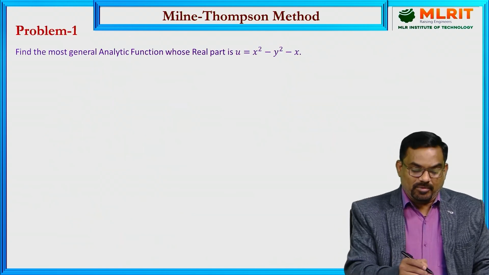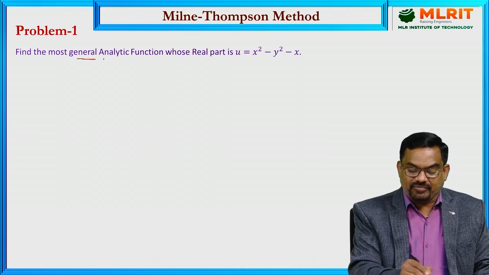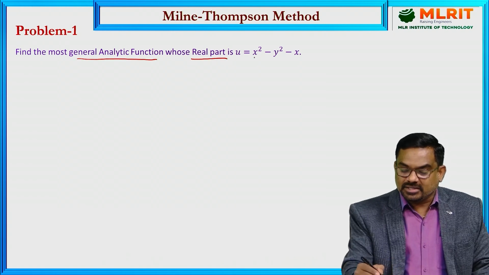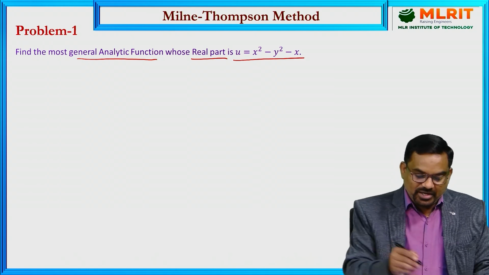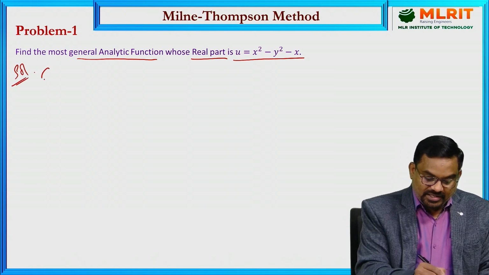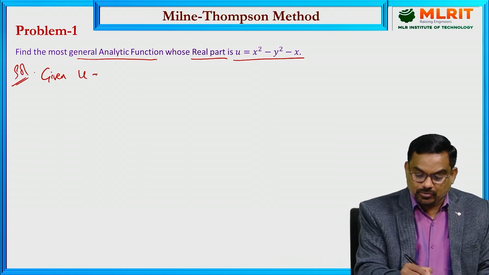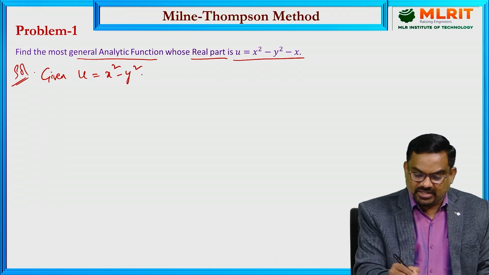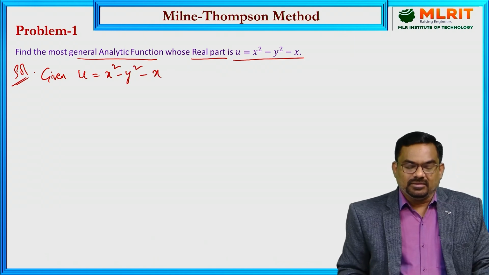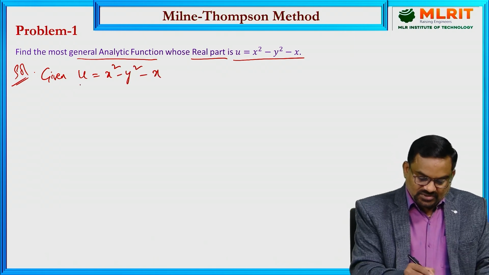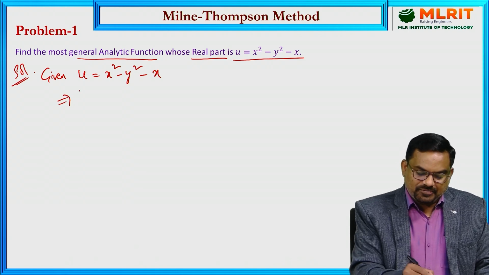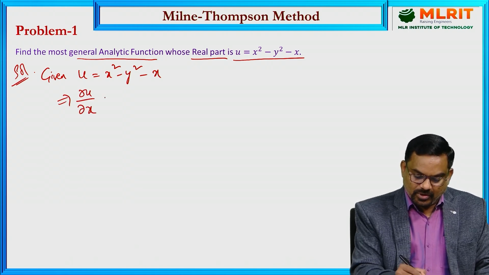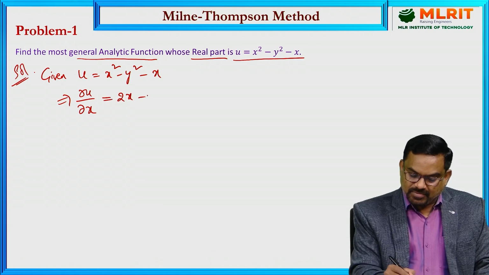Now the first problem: find the most general analytic function whose real part is u equal to x square minus y square minus x. Since u is given, let us find dou u by dou x, 2x minus 1.